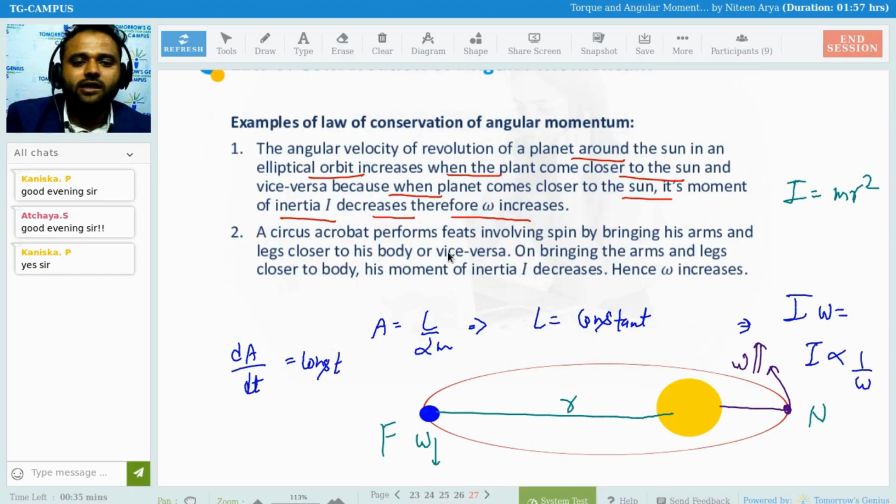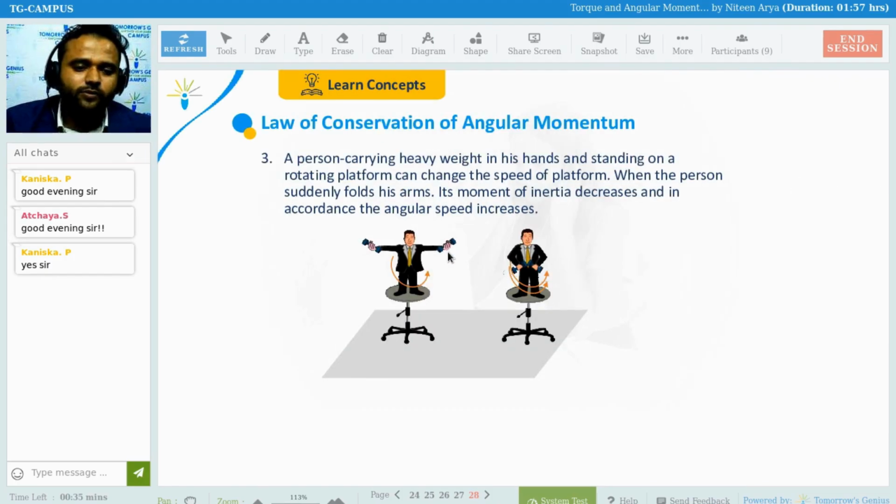In the same sense, a circus acrobat performs feats involving spinning and bringing his arms and legs closer to his body, or vice versa. On bringing the arms and legs closer to the body, his moment of inertia decreases and omega increases. Like a person carrying a heavy weight in his hands and standing on a rotatory platform can change the speed of the platform.